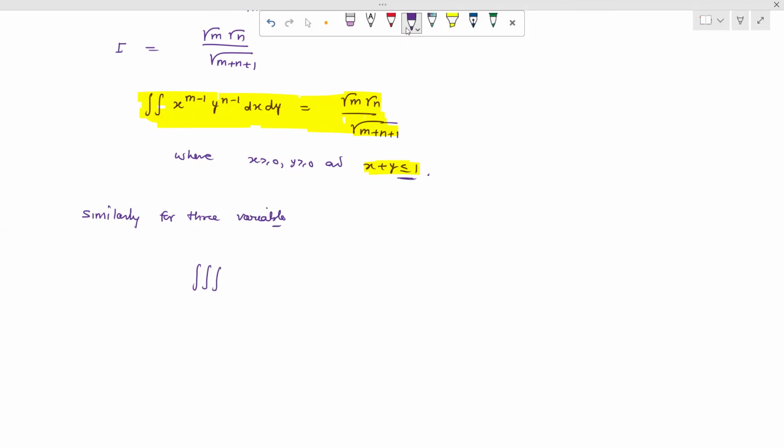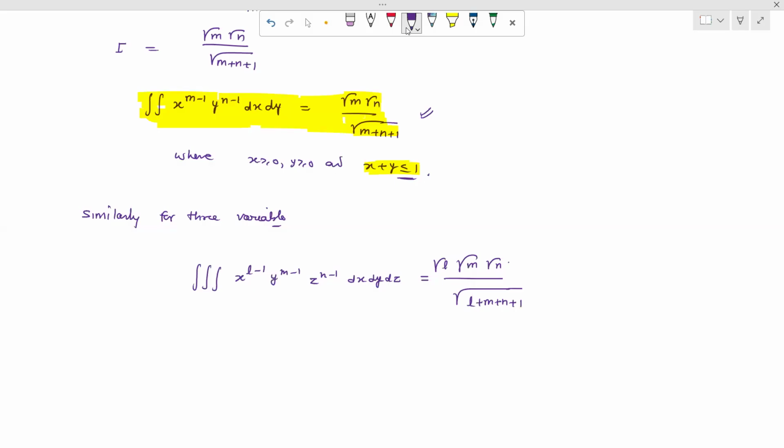So triple integration x raised to the power l minus 1, y raised to the power m minus 1, z raised to the power n minus 1, dx dy dz is equal to gamma l, gamma m, gamma n upon gamma (l plus m plus n plus 1). So we just extend two variable to three variable.